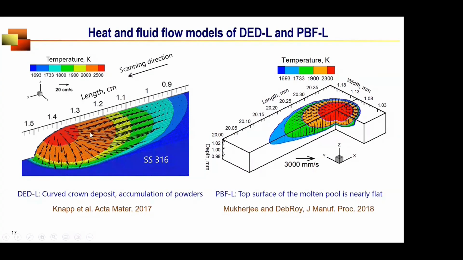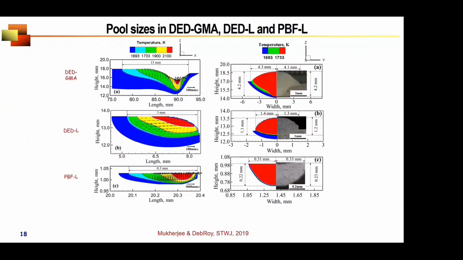So we have an intermediate sized pool here, a small pool here, and a large pool in the case of the wire arc process. It's more clearly shown in the surface profile of DED GMA, DED laser, and powder bed fusion laser.